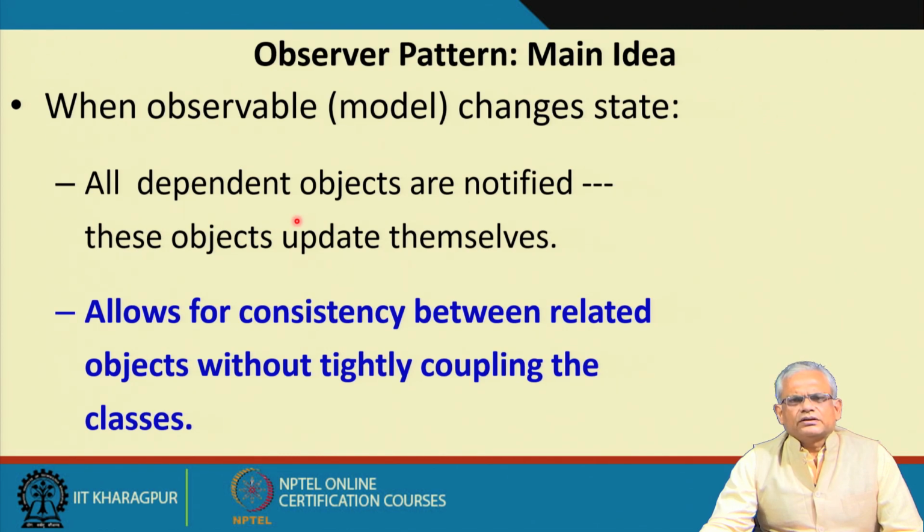And since here the dependency is set up and broken as the request from the observer comes to get attached to the model, and the model registers them, and whenever they want to go away, they just send a request and the observable decouples them. This prevents tight coupling between the classes.